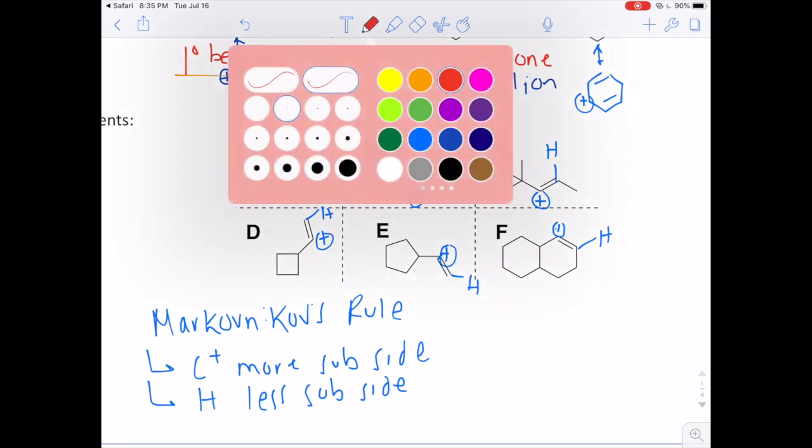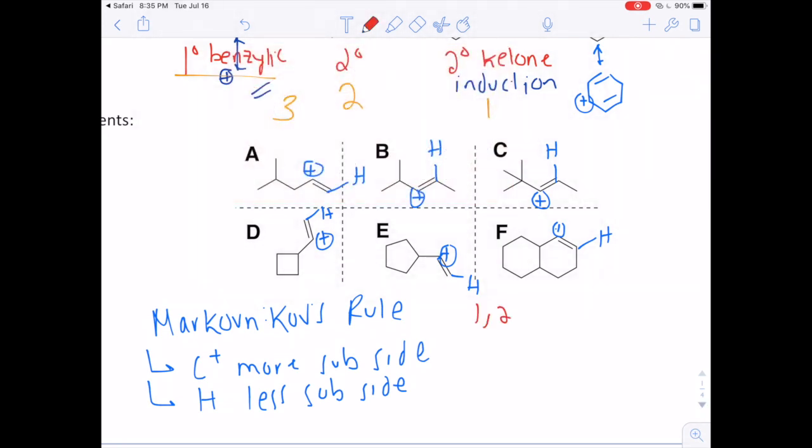Well, there are three of them. The first one would be something called a 1,2 hydride shift. And it's called a 1,2 because you're only moving a hydride, or a hydrogen, from one carbon to the second carbon over, meaning it's only possible via adjacent transfers. So 1,2. The other one could be a 1,2 methyl shift.